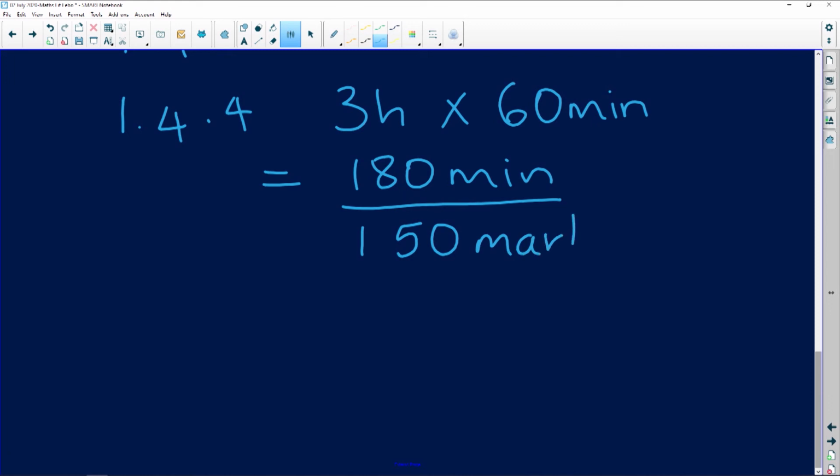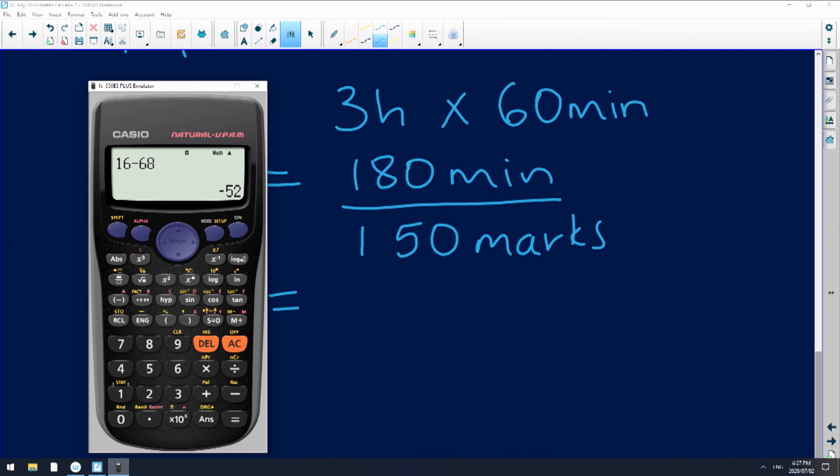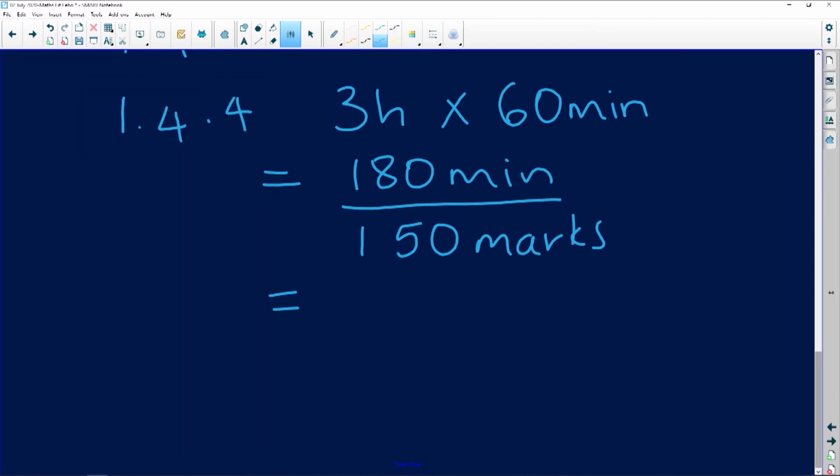Time per mark. Okay, let's go and divide that and just see what it's going to give us. 180 divided by 150, which then gives you 1.2. So that means it's 1 minute.